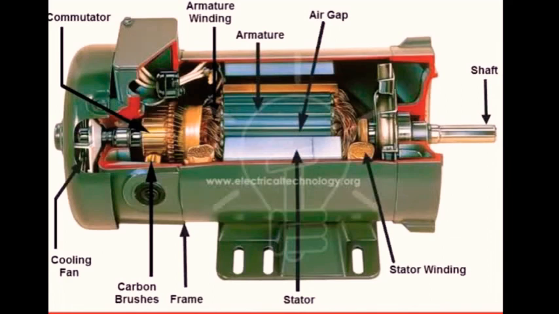Carbon brush is used in a generator at its output side, and the stator is the stationary part of the machine which provides mechanical strength to the machine against environmental stresses and unwanted harm. In the stator we place a winding, also known as stator winding, in which the main field flux is induced when we provide supply in case of a motor, or external mechanical force in case of a generator.